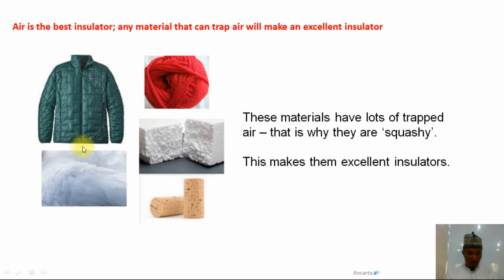We have some materials here that can hold air, like the styrofoam here, the cork here, the cotton here, or a feather here. These materials can trap a lot of air in them. They are squashy, of course, and they make excellent insulators of heat.